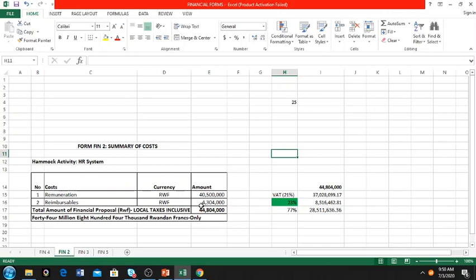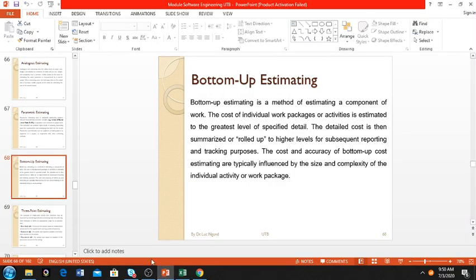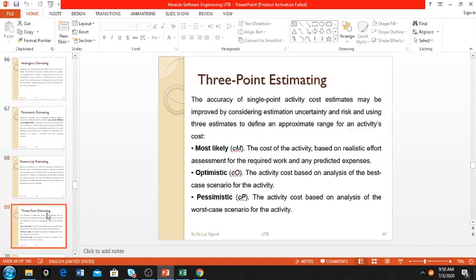So parametric estimation and bottom-up estimation are the two key techniques used in software cost estimation. In the next video we are going to cover other techniques. We are going to start with three-point estimating, which uses beta distribution.